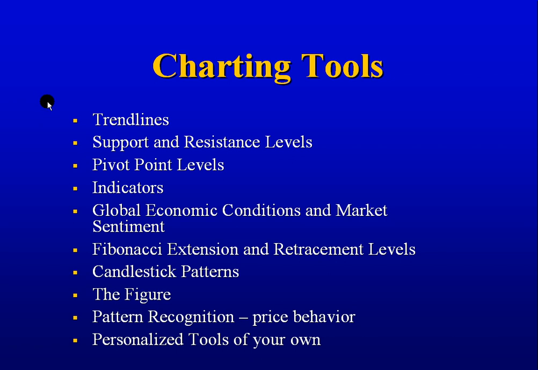So I just want to walk through a couple of tools that we've got in our toolbox. So we've got trend lines, support and resistance levels, pivot point levels. We have various indicators, and they can be indicators of your own or indicators perhaps that I've introduced either in this program or indicators that we've introduced through the Pro Traders Club.